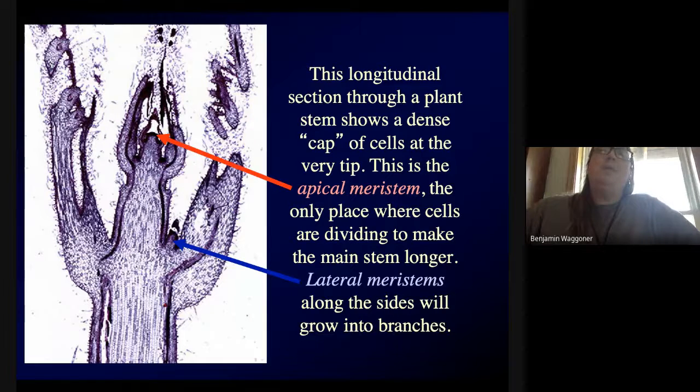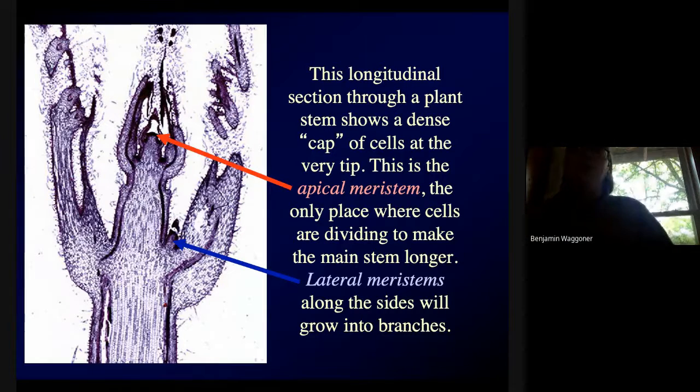That is the only place where cells are actively dividing. The cells of that apical meristem have very weak cell walls that can still stretch and can still expand. So that's the only part where the plant is actually getting longer. Most plants grow from the tip.